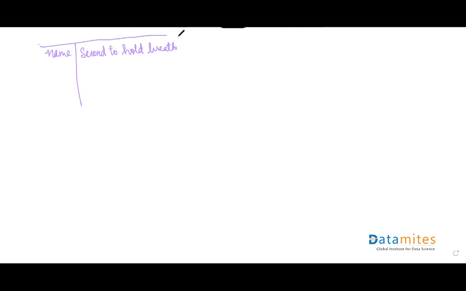So I have a data set here. It is how many seconds each person can hold their breath. I have some names here, and let's say one person can hold the breath for 50 seconds. These are the seconds that each person can hold their breath.